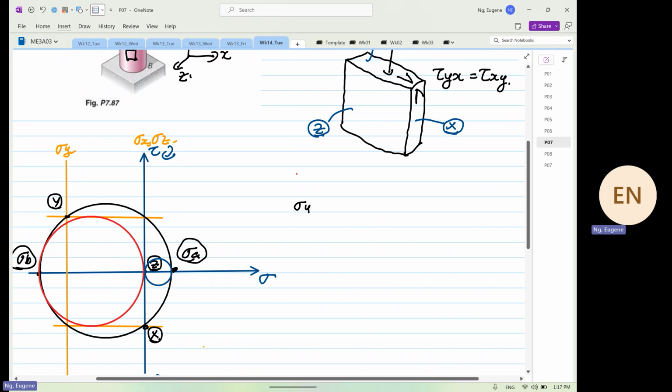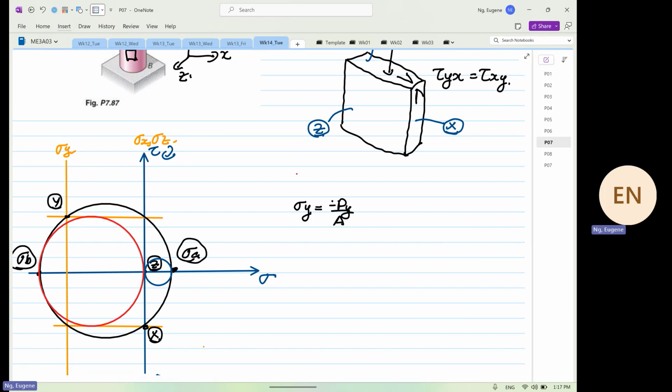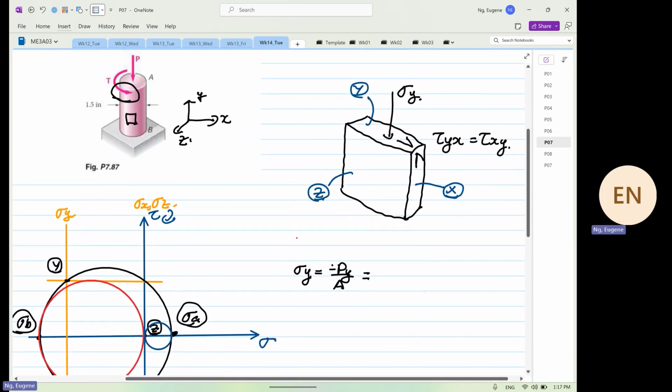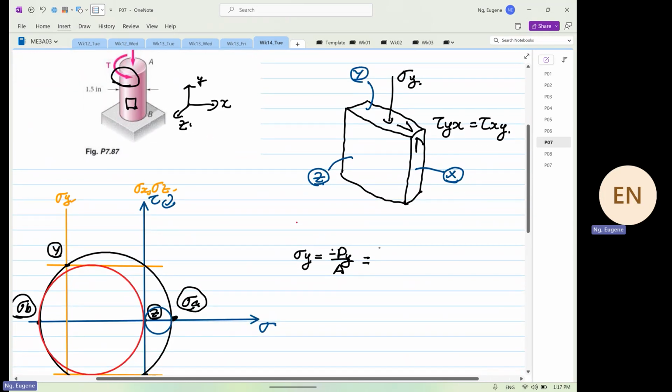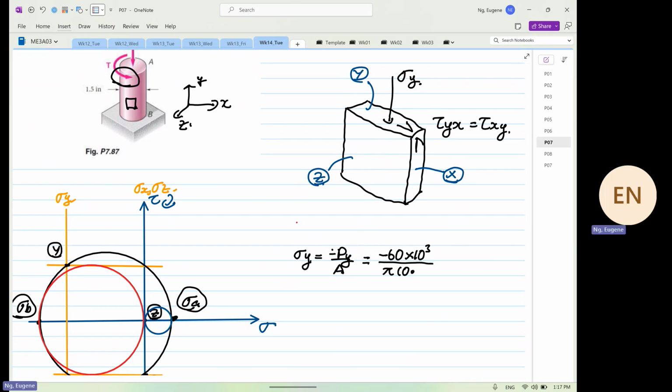So stress Y is equal to minus P over A. So the normal stress is equal to minus 60 times 10 to the power 3 over pi times 0.75 squared, pi r squared.